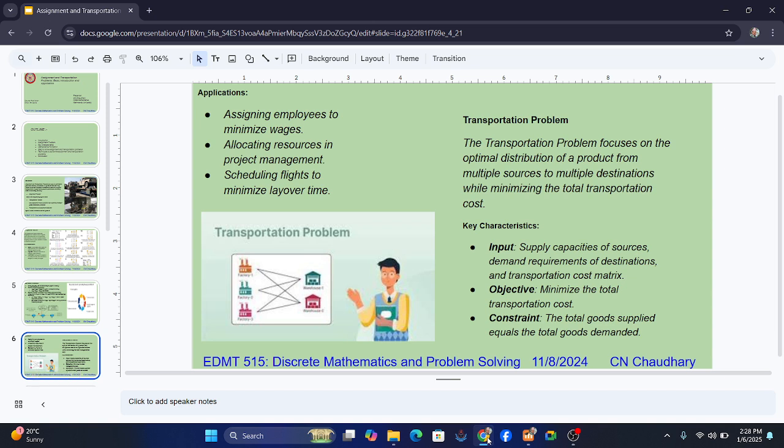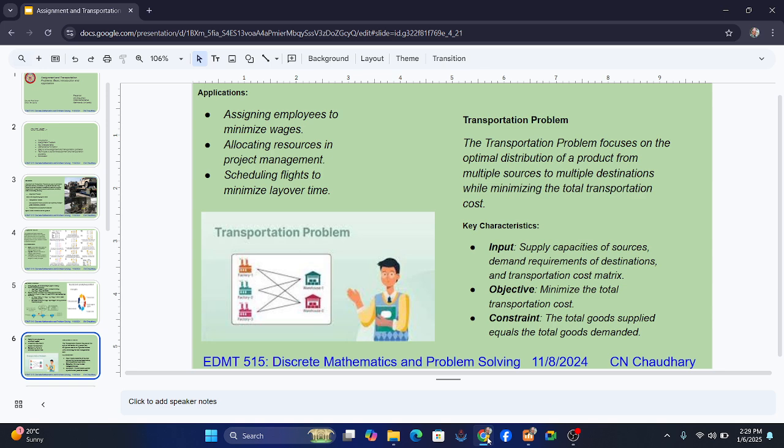Now talking about the applications of the assignment problem: assigning employees to minimize wages, allocating resources in project management, and scheduling flights to minimize the layover time.